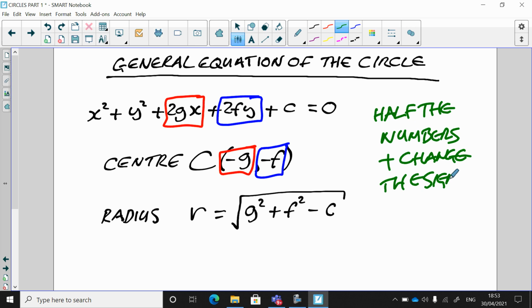That's what we are going to do here. And hopefully that's acceptable to you. So we're going to half the numbers and change the sign. Okay? Because we've got 2g in front of x, but they're saying the centre is negative g.